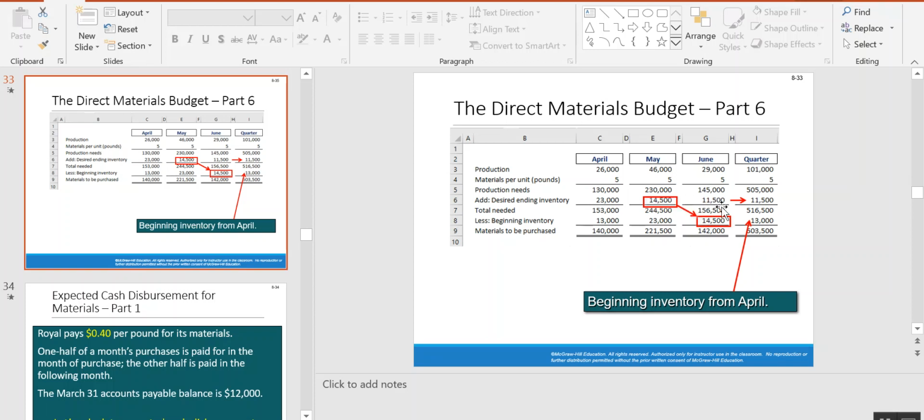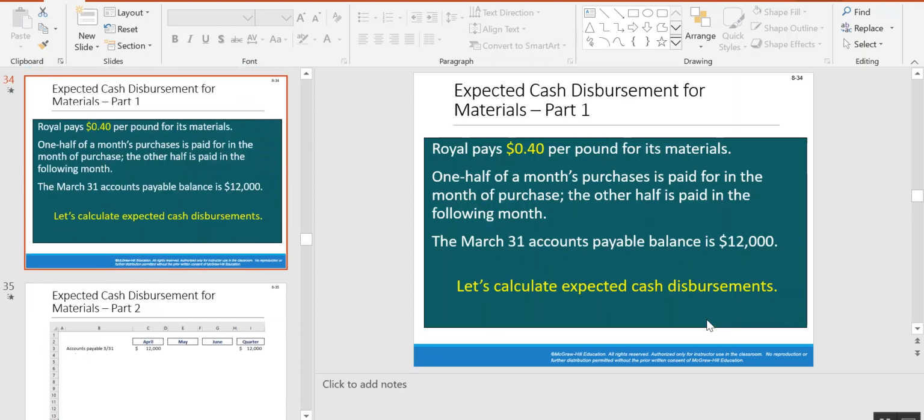This 11.5 they don't show, but that will be calculated based on the production needs for July. We'll take 10% of that again, and in June we'll have a desired ending inventory of 11,500, arriving at 142,000 pounds here. Now for the quarter, the ending inventory will be whatever it was in June, and the beginning inventory will come from the beginning of April.